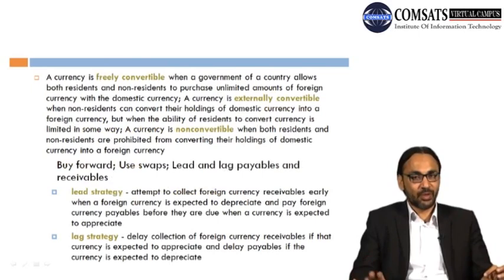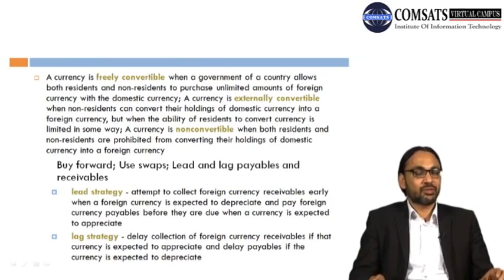There are three sorts of environments where we look at currency conversion. The first one is freely convertible, the next one is externally convertible, and the third one is a non-convertible environment. In a freely convertible environment, residents and non-residents are free to convert the local currency into the foreign currency.